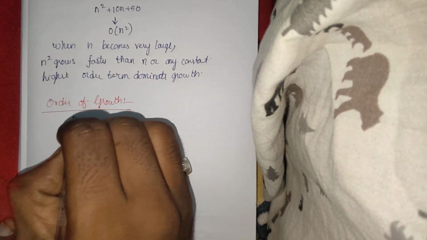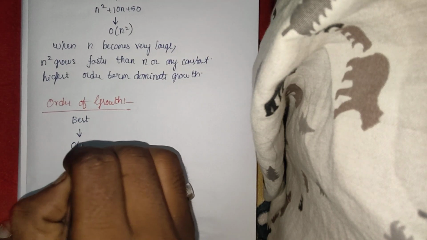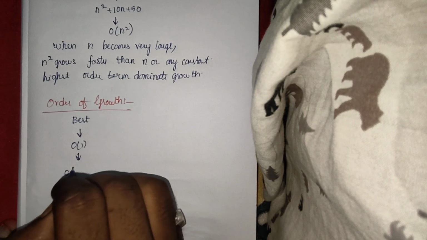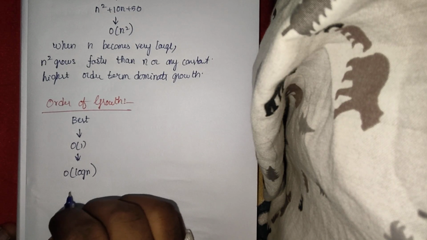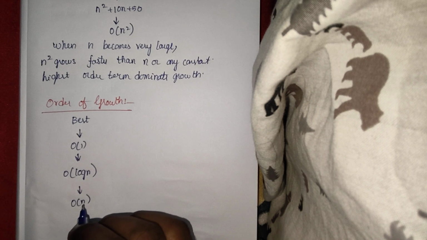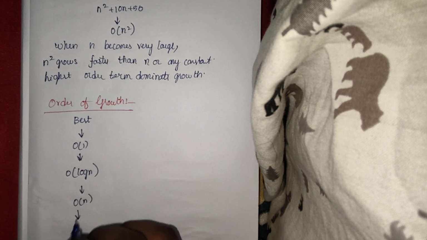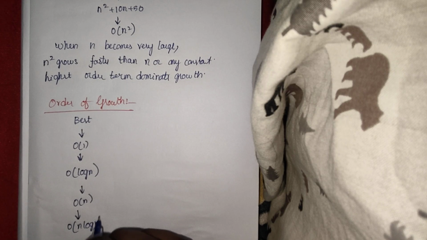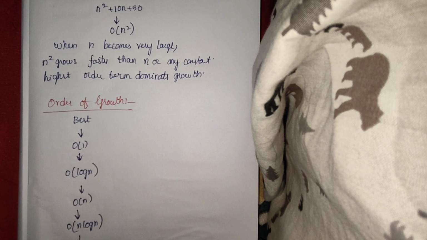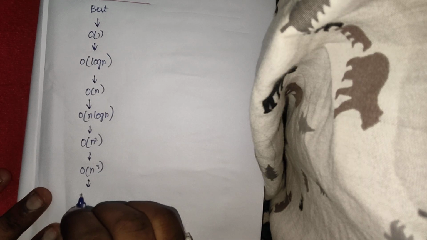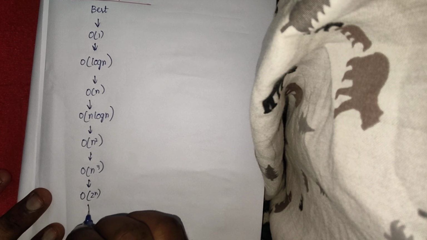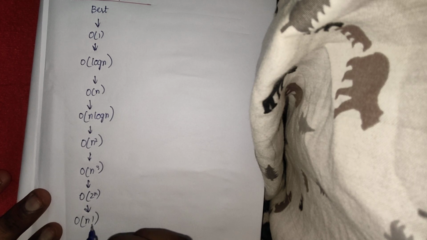Best: O of 1, O of log n, O of n, O of n log n, O of n square, O of n cube, O of 2 power n, O of n factorial.